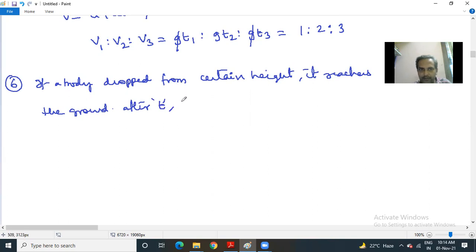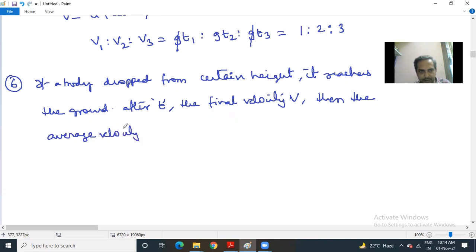Then the final velocity on reaching the ground is v. Then the average velocity attained by the body is.